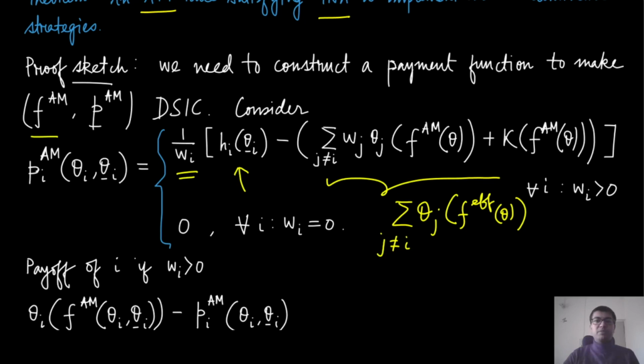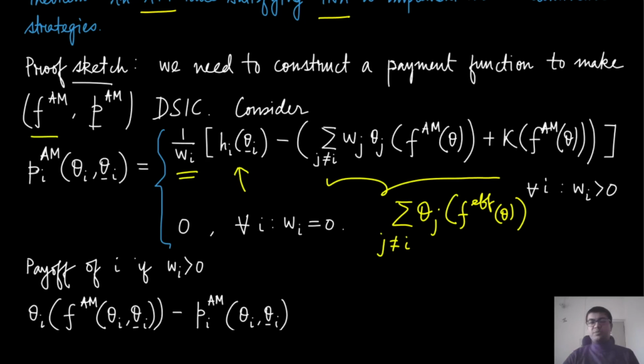This has been replaced by this function, and the purpose is very clear. Once you take the difference with the valuation of player i from this payment, we will essentially be able to prove that this is a mechanism which is dominant strategy incentive compatible.